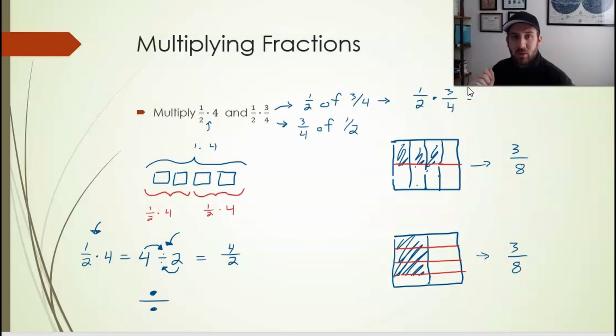So 1/2 of 3/4 was where we still had 3 objects. You can see them down here, 1, 2, and 3. So the 1 of the 3 objects gives us 3 objects in the end, but the size was 1/2 of the 4. We split it into 4 pieces and then split those 4 into 8 pieces.